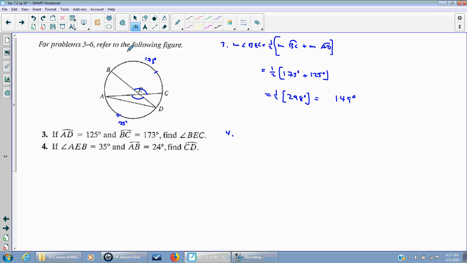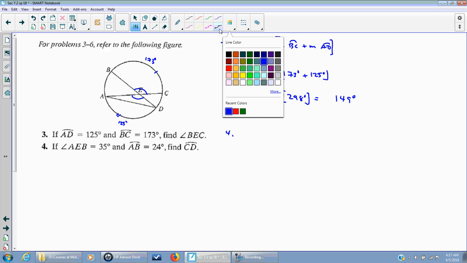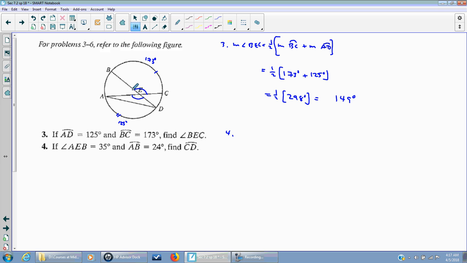So let's do this in a different color so that I'm not going to mess up what I've already worked with. Okay, we're looking at angle AEB in this case. So this would be its companion vertical angle, CED. So let's write down what we know about angle AEB.